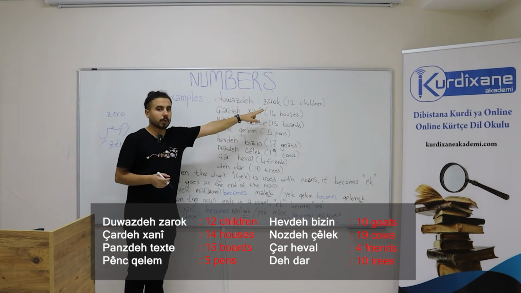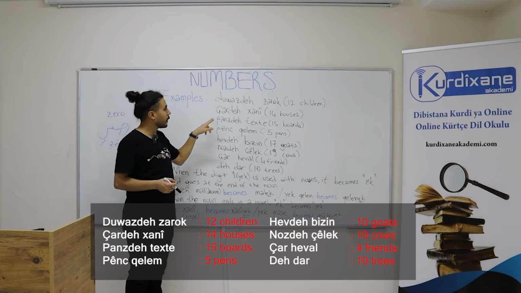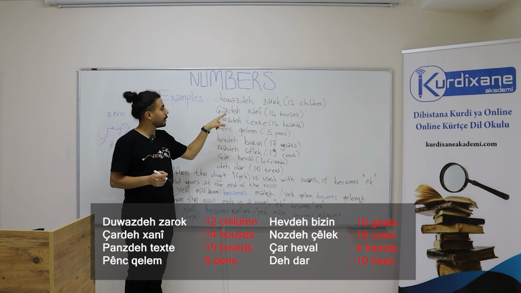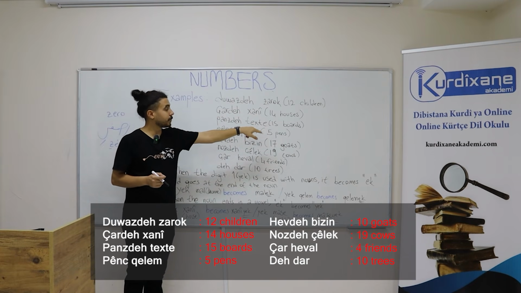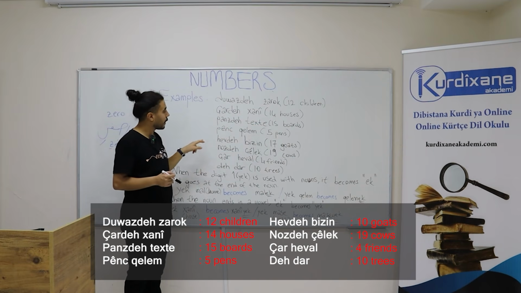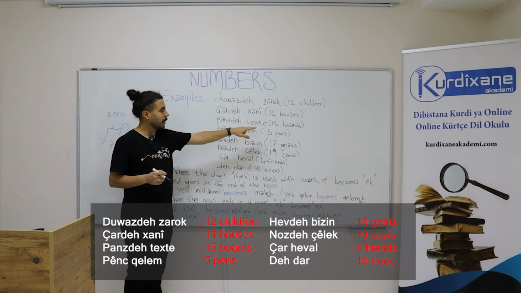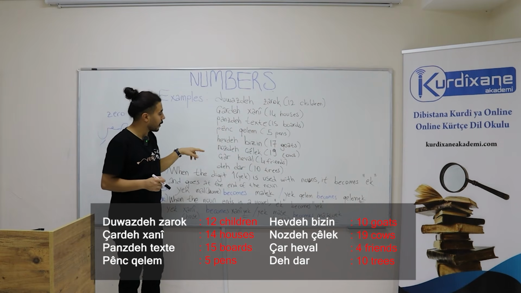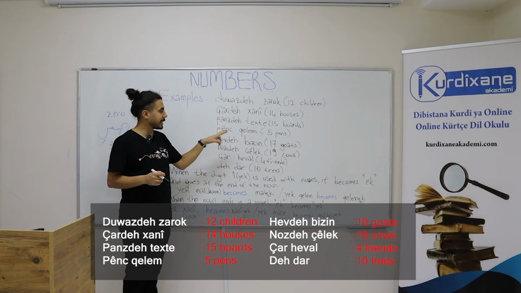12 zarok, 12 children. 14 khani, 14 houses. 15 takhte, 15 boards. 5 qalam, 5 pens.